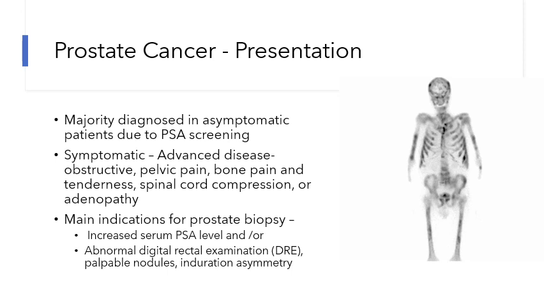So the main indication really for patients to have a biopsy to see if they have prostate cancer is firstly detection of an increased serum PSA, prostatic specific antigen level, and or an abnormal digital rectal examination which reveals palpable nodules, asymmetry or induration in the posterior part of the gland.